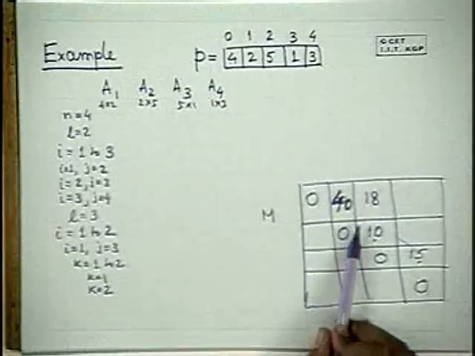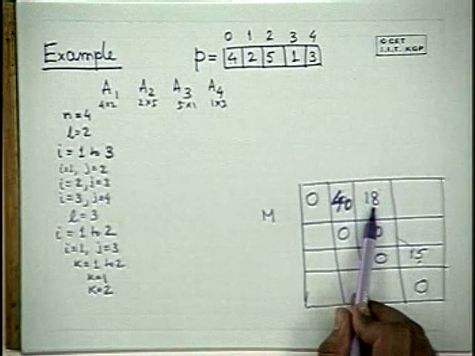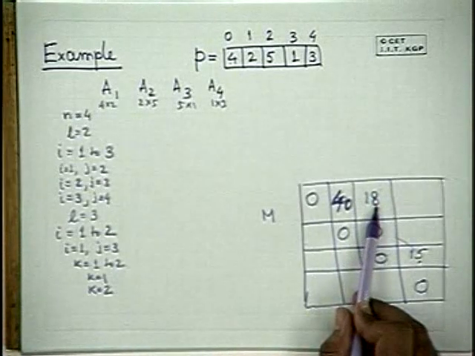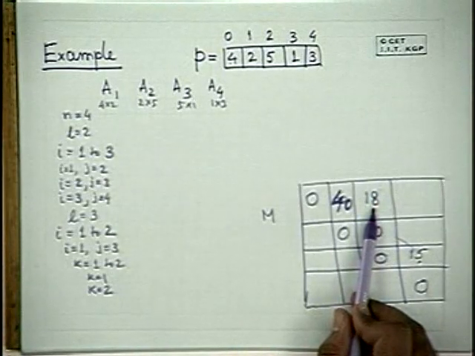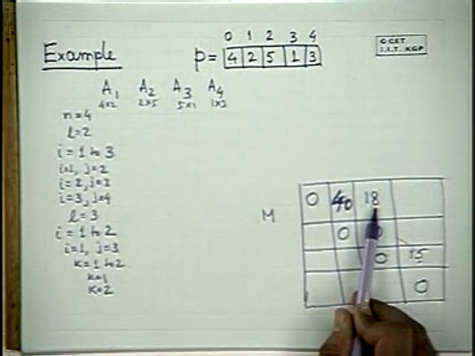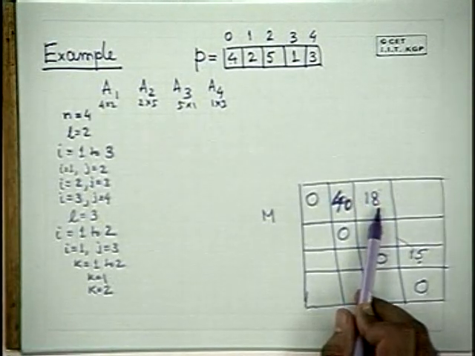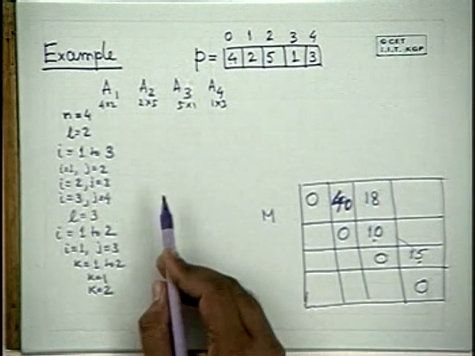So 40 plus 20, which is 60. Now you see, again this basically means you are trying to update Mij, which was 18 previously, but now it is giving 60, so you will not update it. 18 remains.